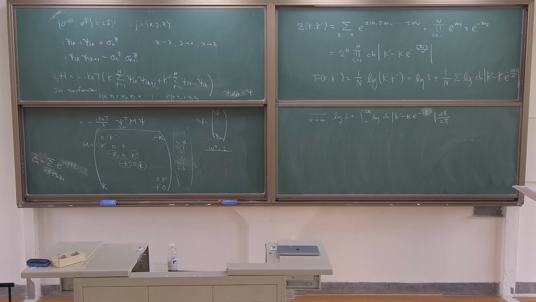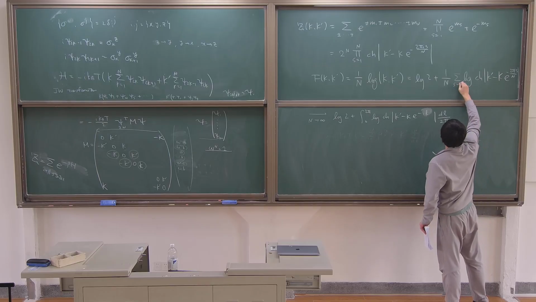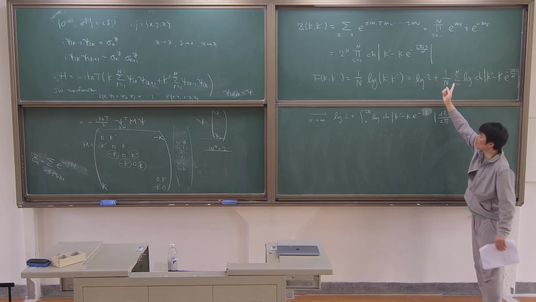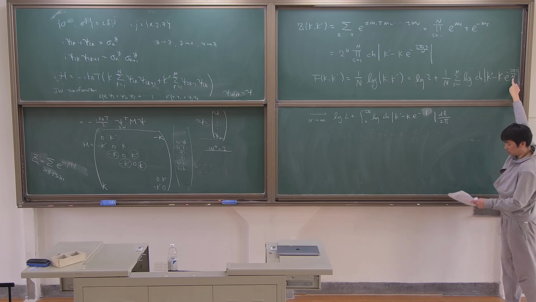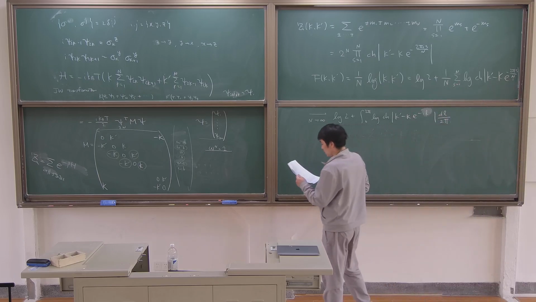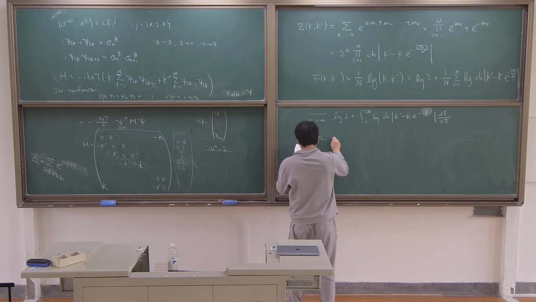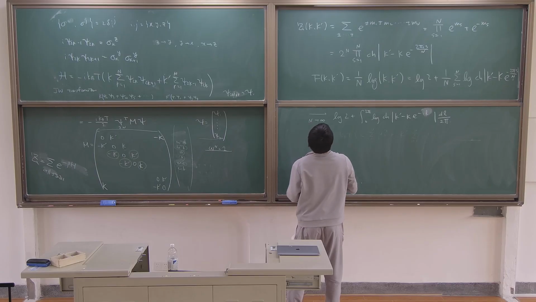So instead of this summation, s is equal to 1 to n, once you take n to infinity, this becomes a continuous variable, and the sum becomes an integral. That's what's really happening. And moreover, the spectrum MS will become something like this.